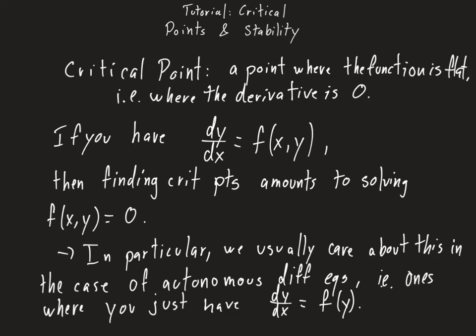And in those cases, as you can see, we only have to solve for the value of y. In other words, we're usually interested in finding what initial values cause the solution to be completely flat.